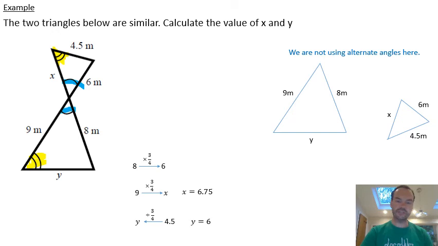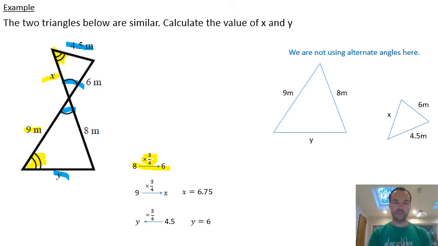So in this case, the sides that go together, 4.5 goes with the y, x goes with the 9. Okay, so the scale factor is going to be 6 over 8, 3/4, or if you're working from small to big, it'd be 8 over 6, 4/3. To get from 8 to 6, you multiply by 3/4.